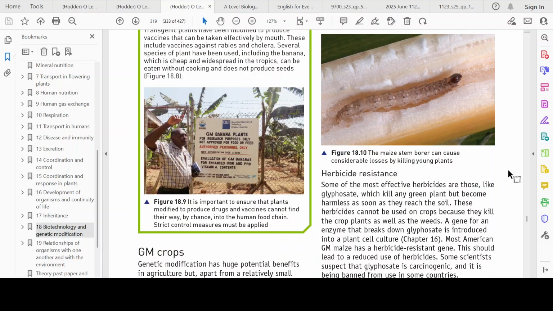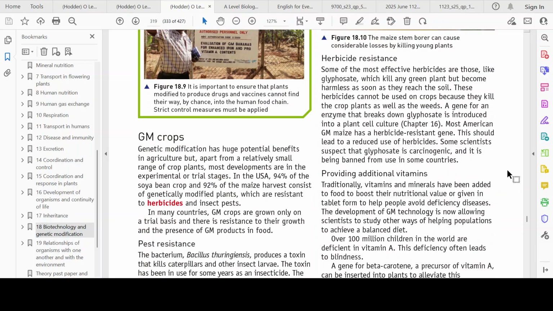Then you've got herbicide resistance, right? So there's a herbicide called glyphosate. It will kill any green plant, right? And so some crops have been introduced with a gene which breaks down the glyphosate in the cells, right?